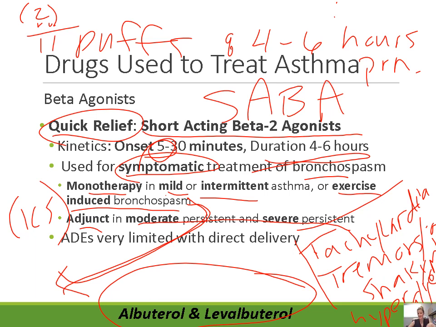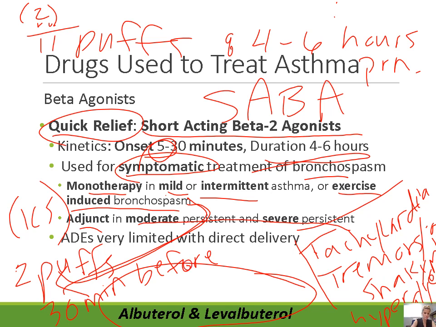You don't wait until it actually happens in this case. You give it preemptively. So for exercise-induced bronchospasm, we do 2 puffs, 30 minutes before exercise, because prevention's better than treatment.